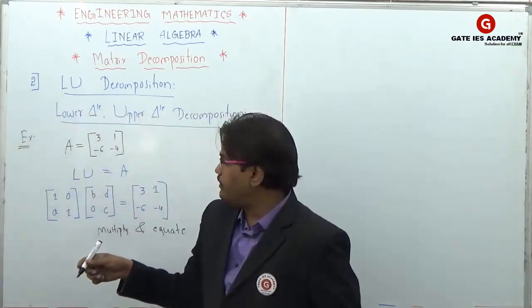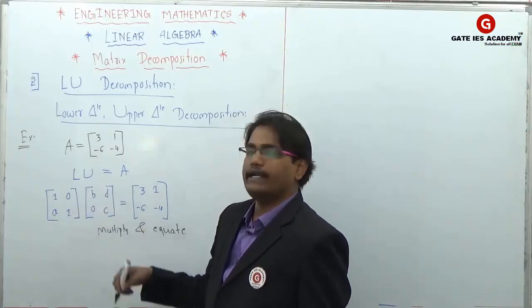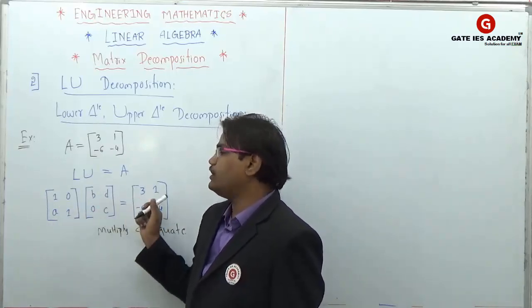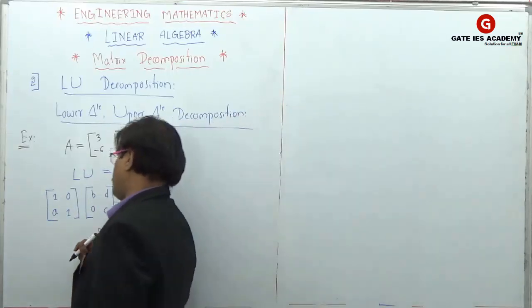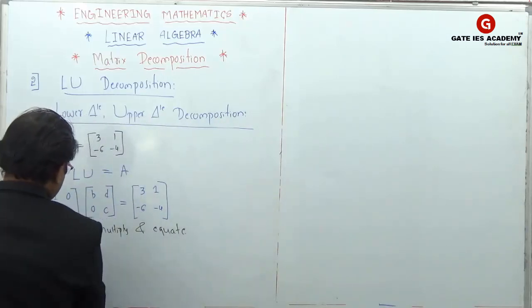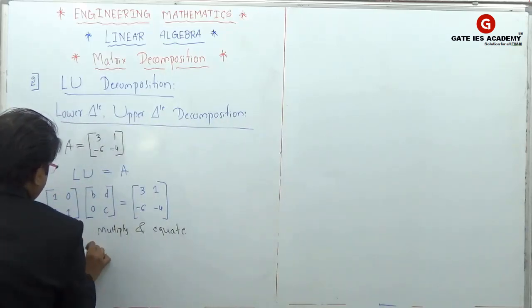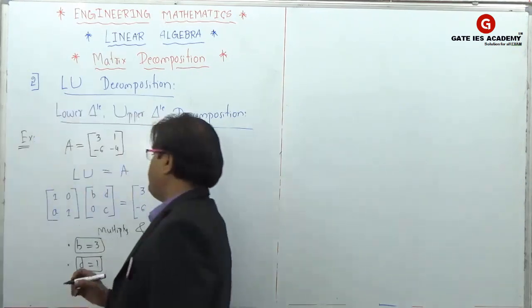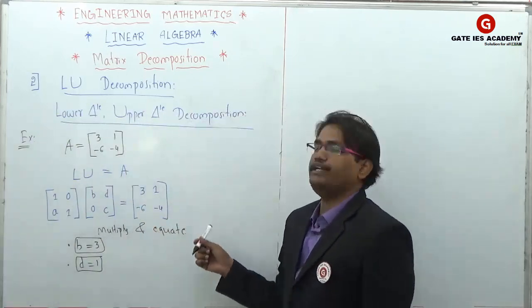So 1, 0, if I multiply here, I will be getting B equals to 3 and D equals to 1. B equals to 3, D equals to 1.